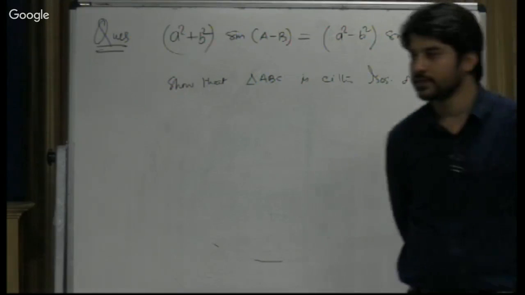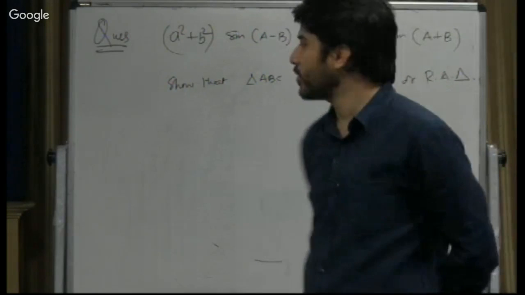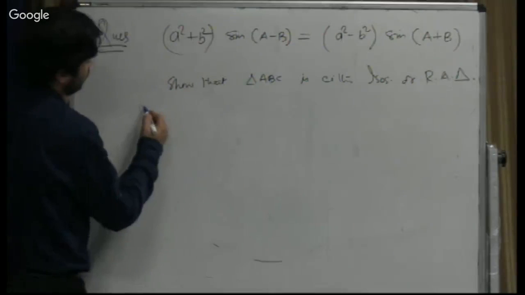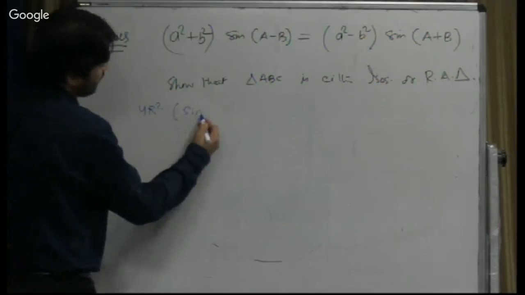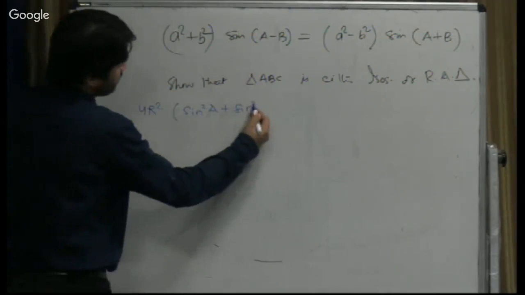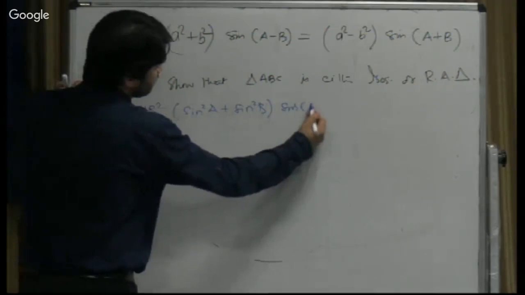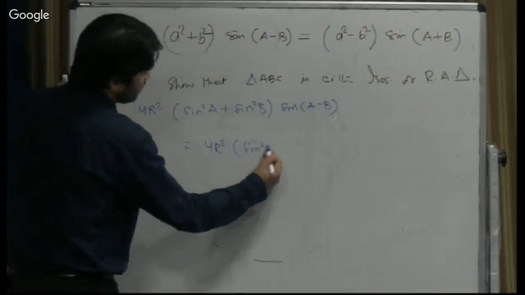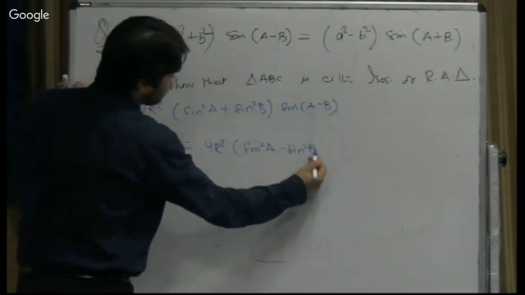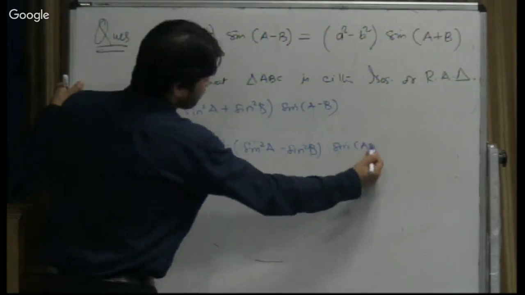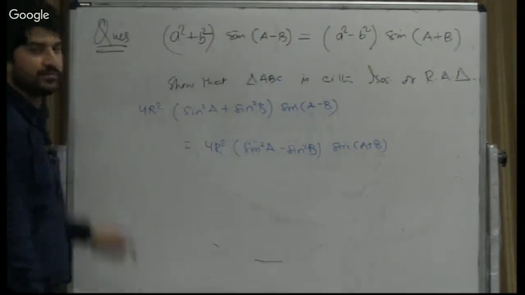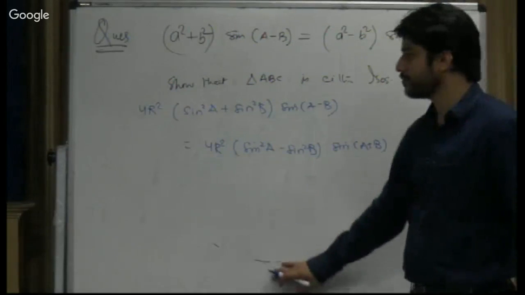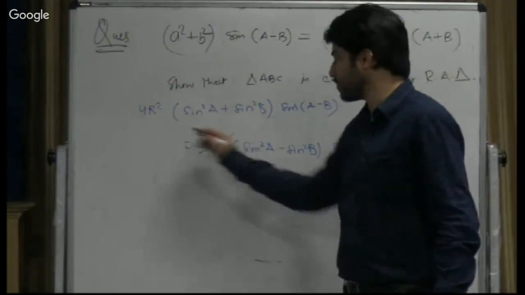How to get rid of my sides? a square plus b square को हटा दो by 4r square sine square a plus sine square b into sine a minus b is equal to 4r square sine square a minus sine square b upon sine a plus b, right? यही था ना? कोई प्रॉब्लम नहीं है? बट द क्वेश्चन इज, ये गया, ये गया.